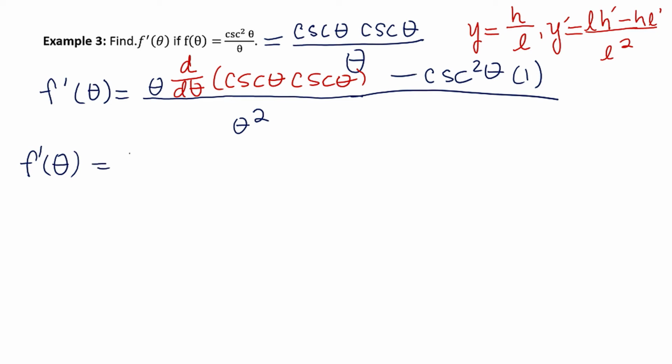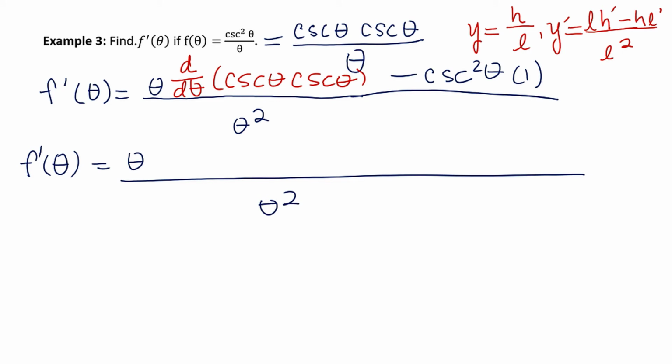Continuing, f prime of theta is equal to theta times, and we need to take the derivative of the product cosecant theta times cosecant theta. To do this, we have the first function multiplied to the second. The derivative would be the derivative of the first times the second plus the first times the derivative of the second. The derivative of cosecant theta is minus cosecant theta, cotangent theta.